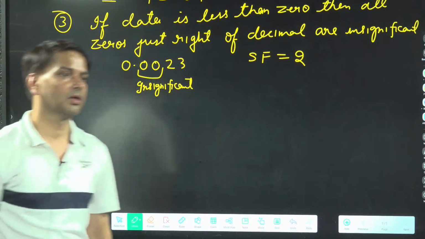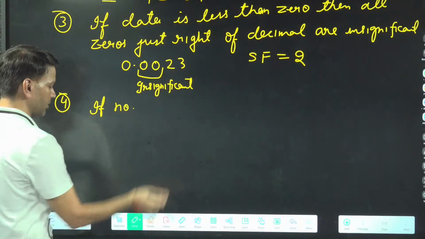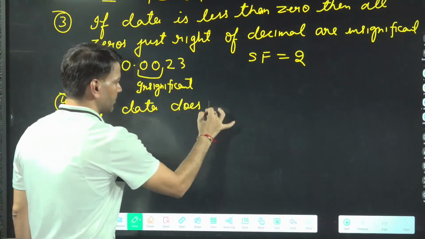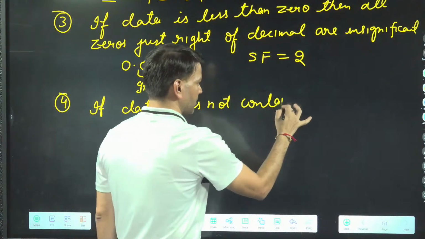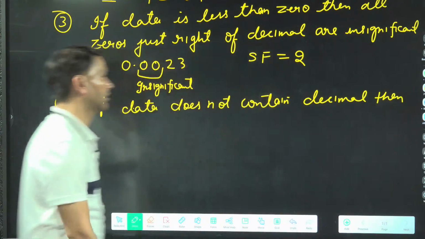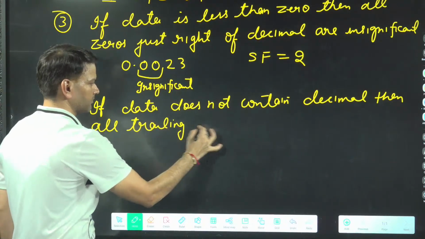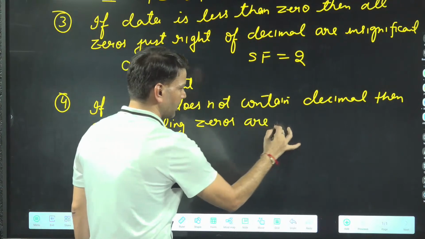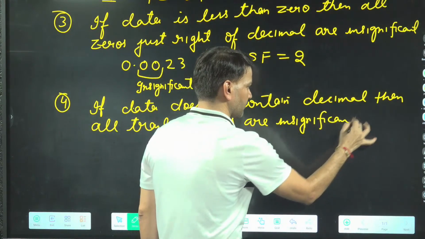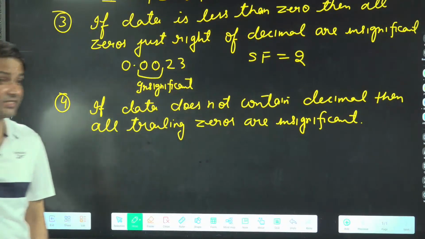Number 4: if the number or data does not contain a decimal, then all trailing zeros are insignificant.